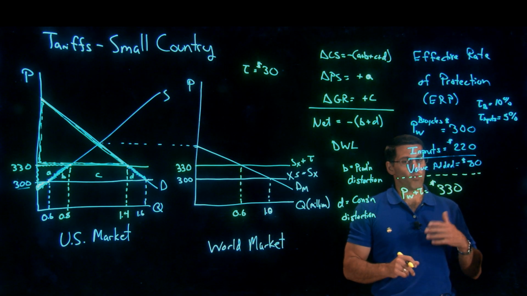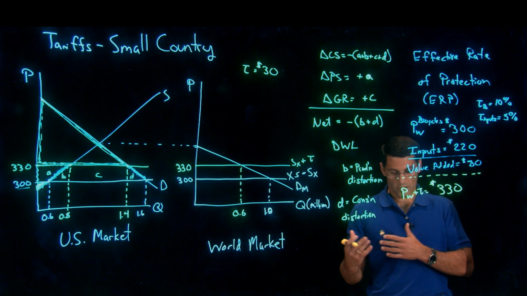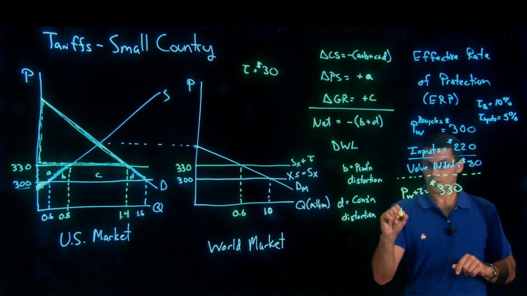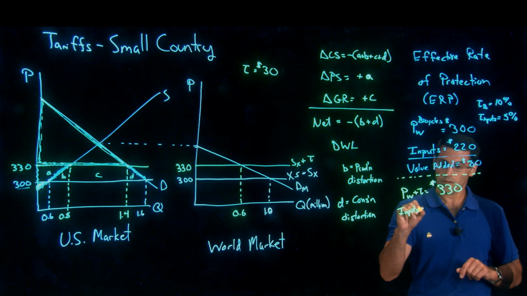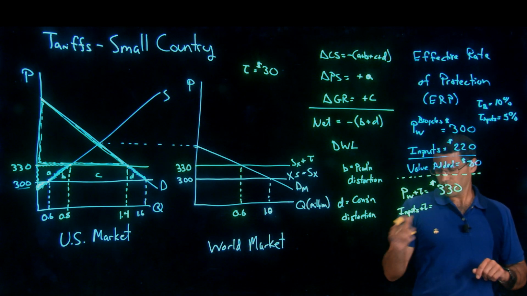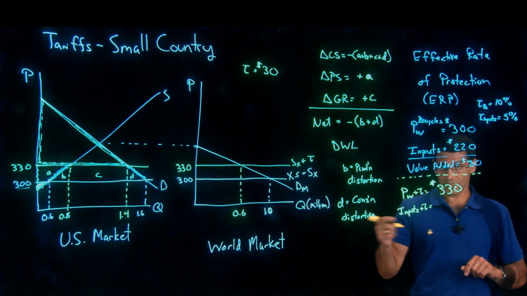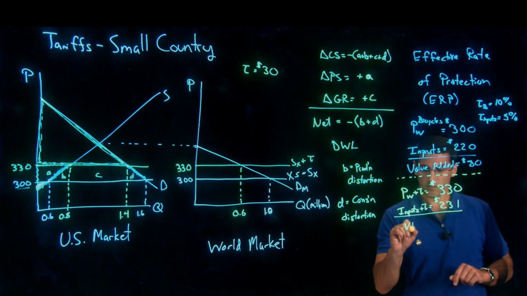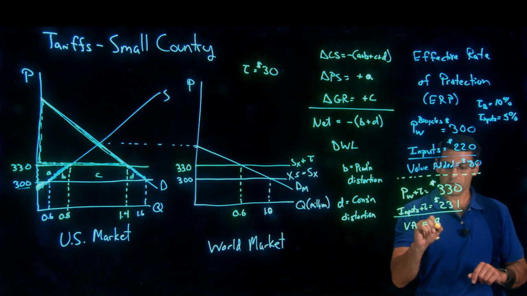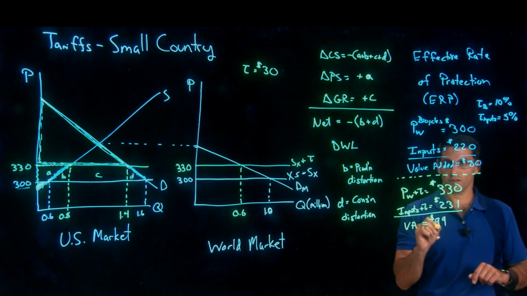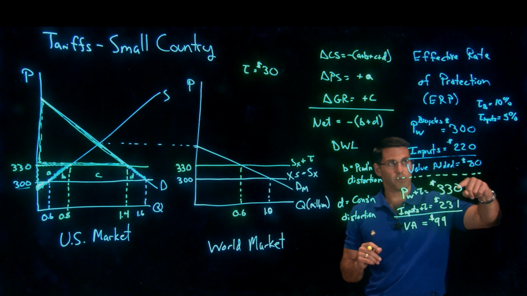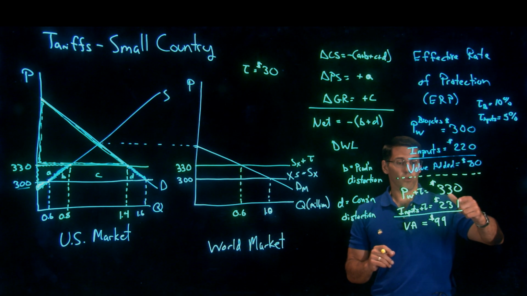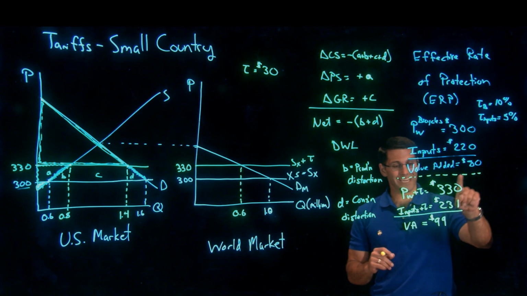Well, with our 5% tariff on the inputs, you're going to take 5%, and that's going to put it up by $11 to $231, for a value added of $99. So the final price of the bicycle went up by $30, but the price of the inputs went up by $11. And all told, the value added went up from 80 to 99.